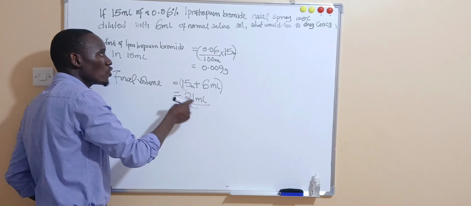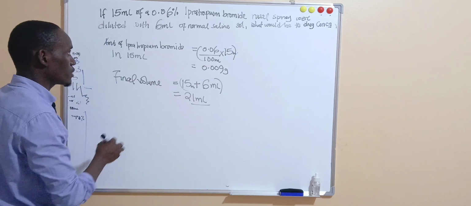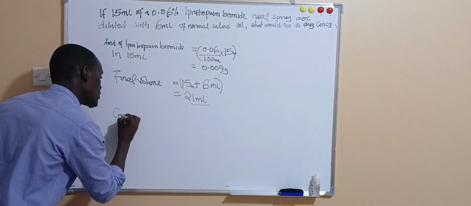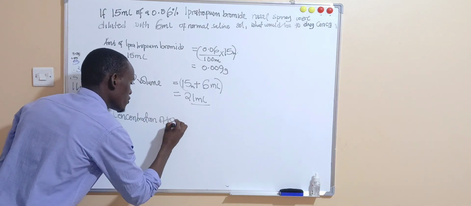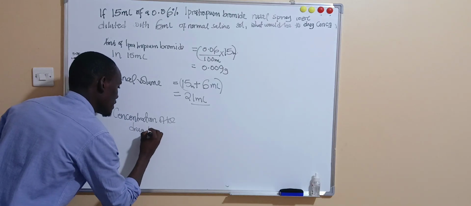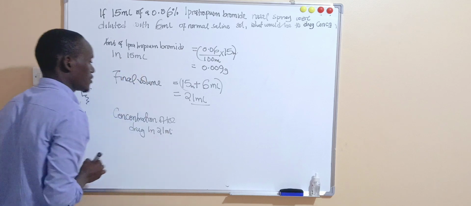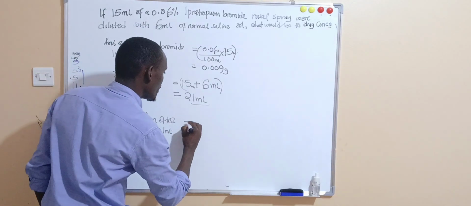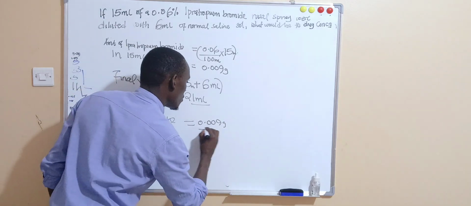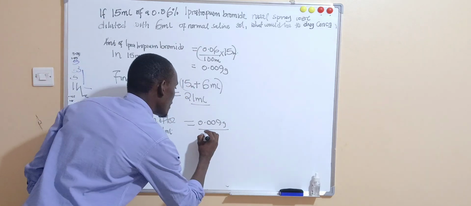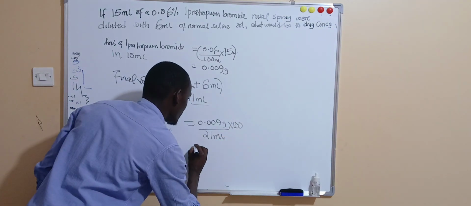Therefore, we want to know how much concentration will be in this volume. So we shall say concentration of the drug in 21 ml of final volume will be equal to 0.009 grams over, now, the 21 ml times 100.